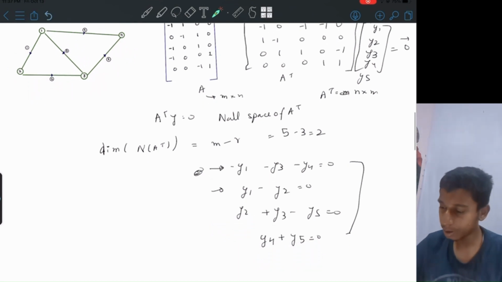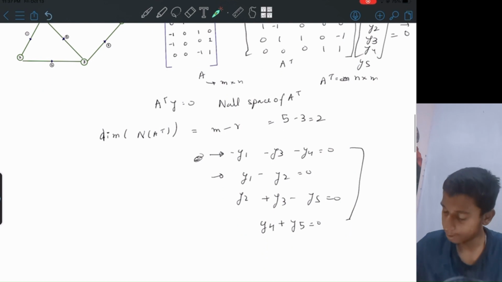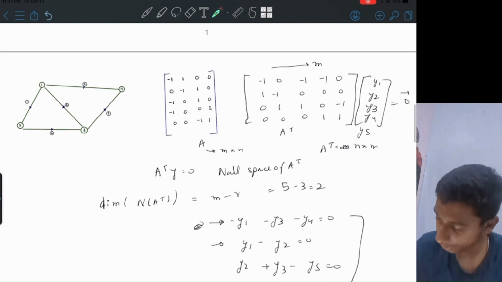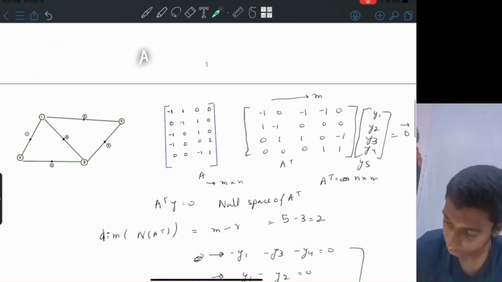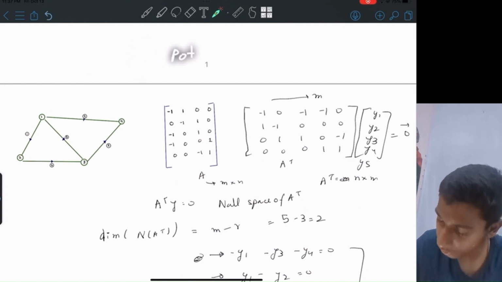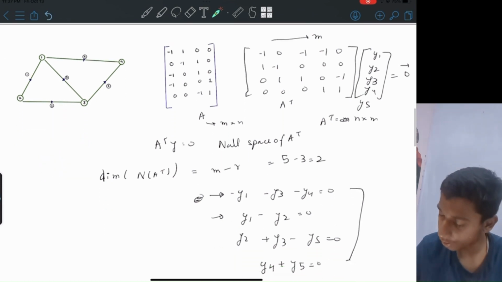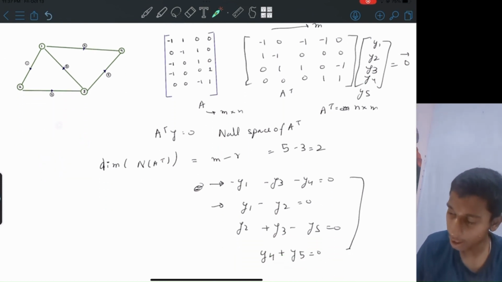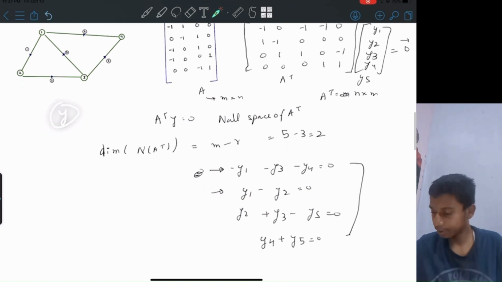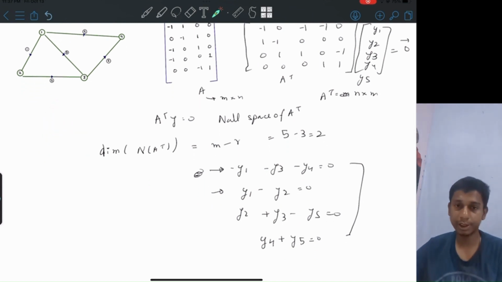So this is how they are all interdependent, where the A matrix was related to the potential differences. Similarly the A transpose, here the variables of A transpose are directly linked with the currents, which I have represented using y.